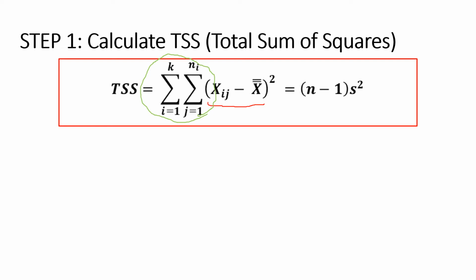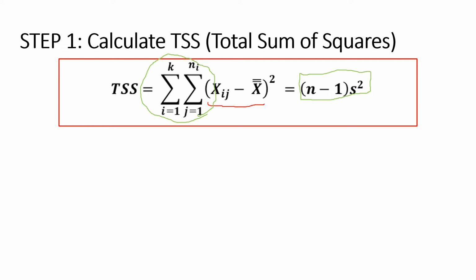An easier way to do that is to use this formula over here, or at least easier for the example I'm working through today, because I don't want to have to do this 24 times. In this case, n is the total number of observations because there's no subscript.